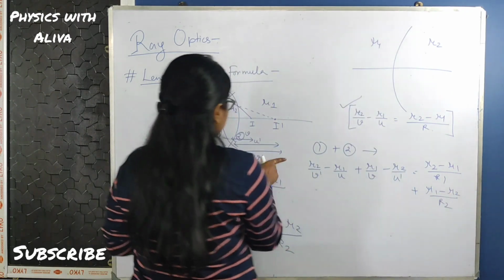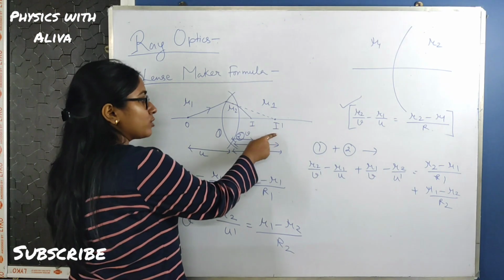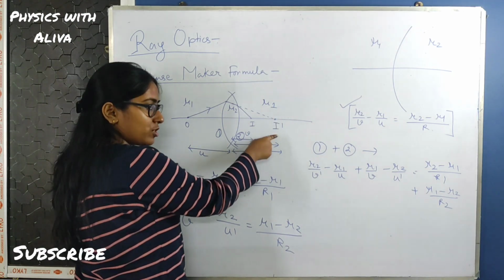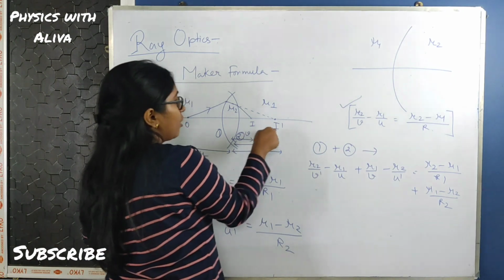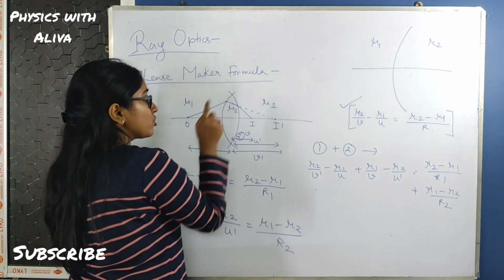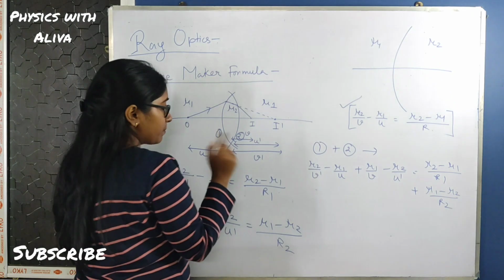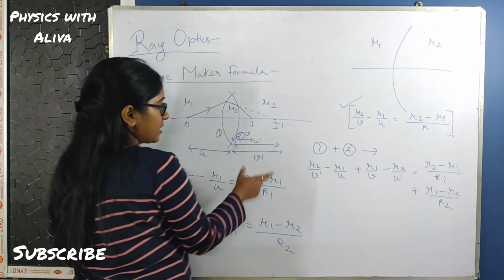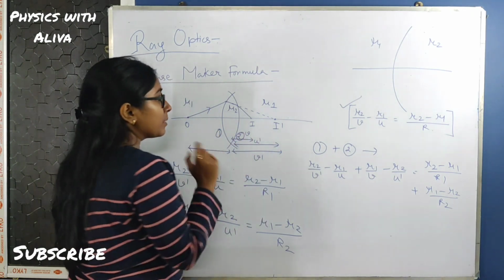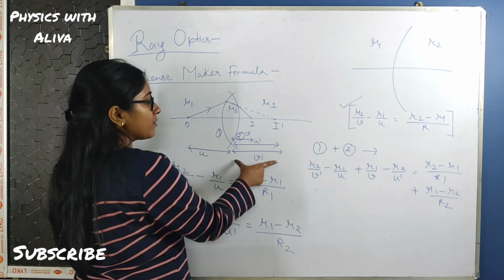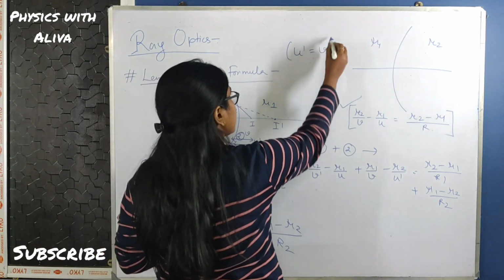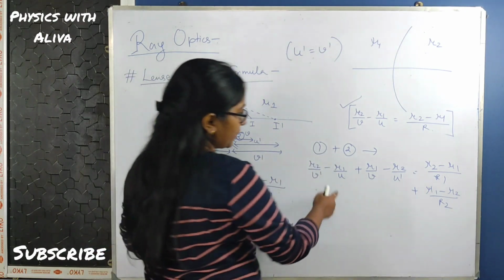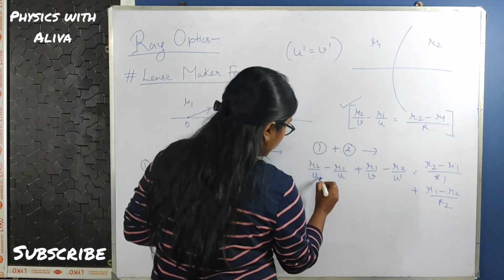From the picture we can see this is the virtual image of the first spherical surface and the virtual object for the second spherical surface. So the object distance of the second surface, U dash, is equal to the image distance of the first surface, V dash.